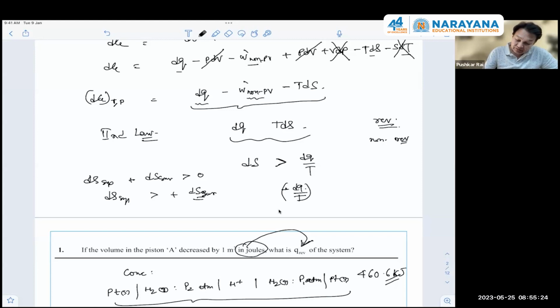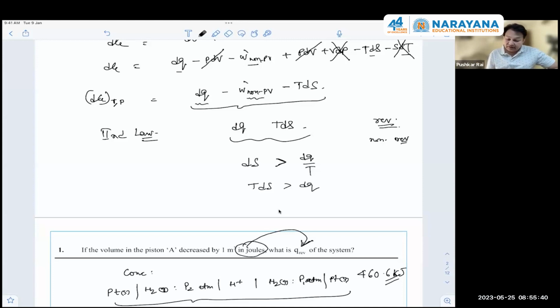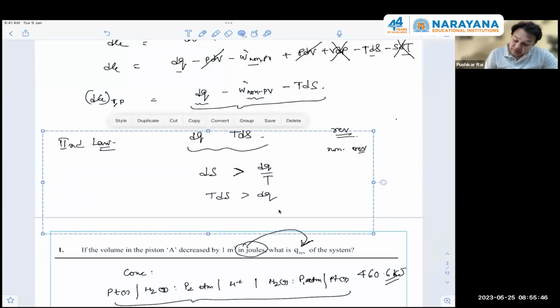Positive. So that is a very interesting statement, that dS is always greater than dq by T. If dS is always greater than dq by T, then obviously TdS is always going to be greater than dq. This is another very important statement.